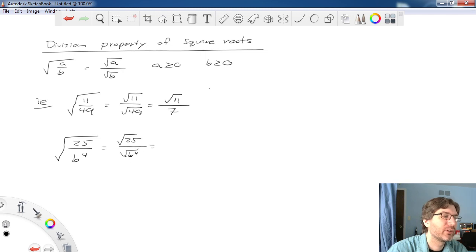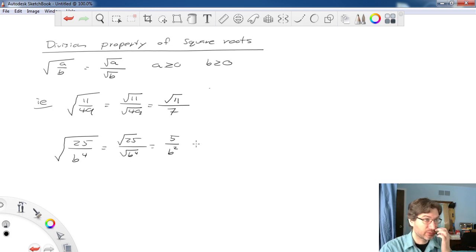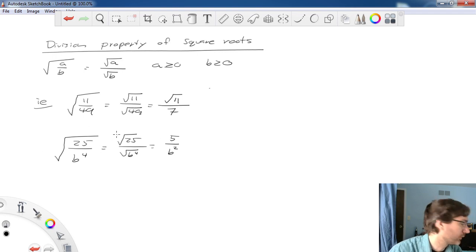If you have even numbered exponents on variables, they are perfect squares. So here this is going to be 5, and over here is going to be b to the 2nd. You just halve your exponent. So this will be 5 over b to the 2nd. Not too difficult of a property. It's just saying that you can break up your fraction within your square root.